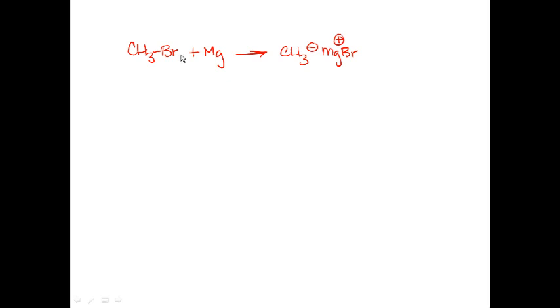When we do this reaction in the lab, we have to avoid things like water. Actually, we should avoid things like CO2 because, as we saw in the last lecture, CO2 will react with a Grignard to make a carboxylic acid. We should avoid things like carboxylic acids because they could be deprotonated by this strong base.